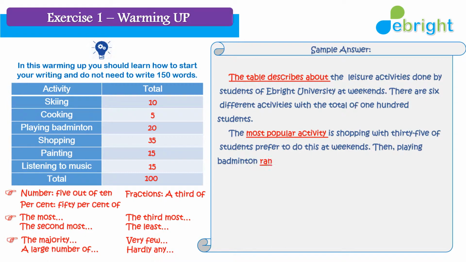You've got 20, so it's the second most popular activity done by the students. Ranks as the second most. We've got popular. Let's make a different word. For example, the second most famous activity picked or chosen by the students.